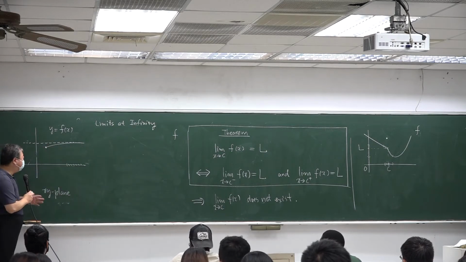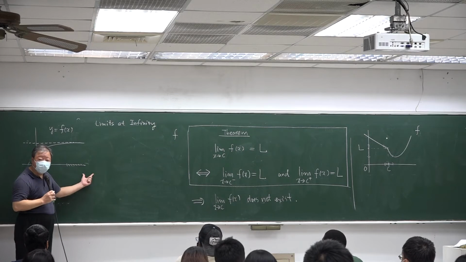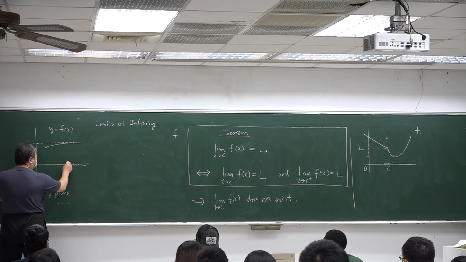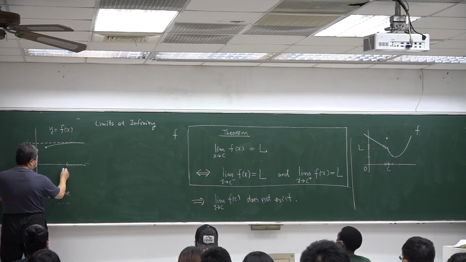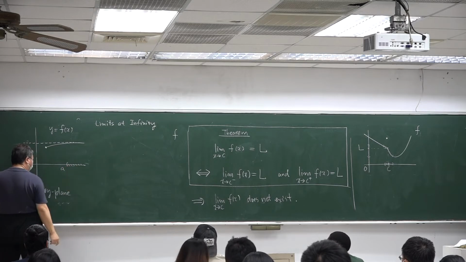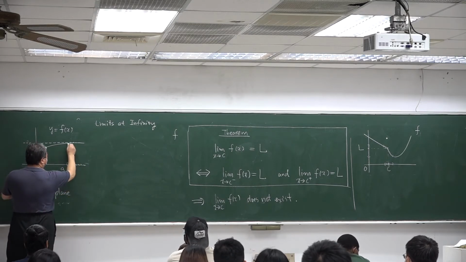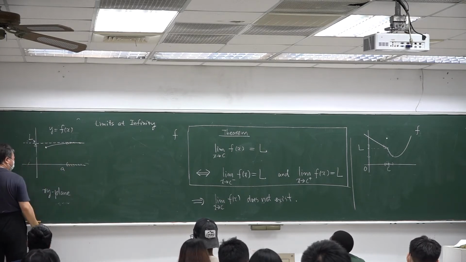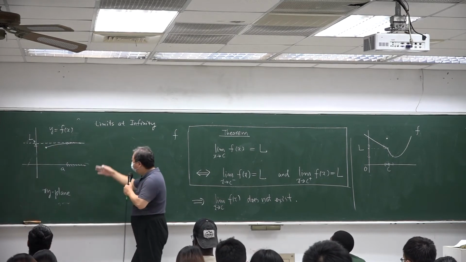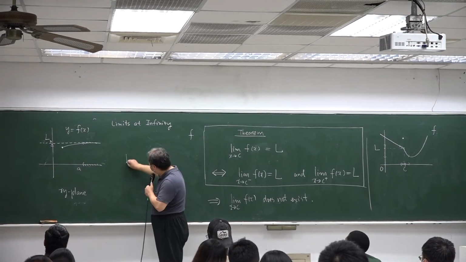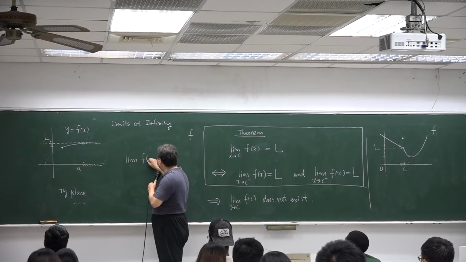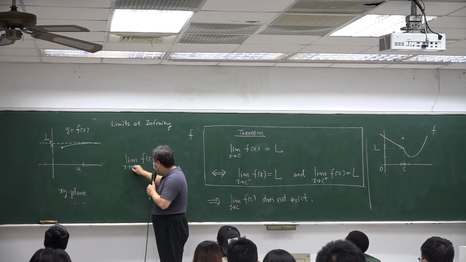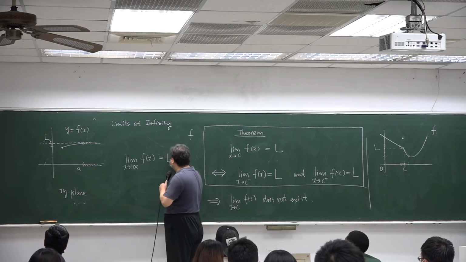Suppose f is defined for large x, for example, greater than 8. In this case, suppose the position here is L, then we give this event a notation: the limit of the function f of x as x approaches plus infinity equals L.